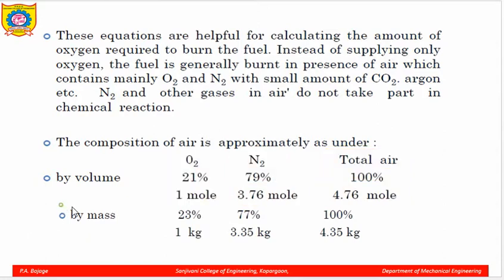On a mass basis, 23% of air is oxygen, that is, 1 kg of oxygen and 3.35 kgs of nitrogen form 4.35 kgs of air, which is almost 100%. The other gases, as I told you, are neglected because they don't participate in the chemical reaction.